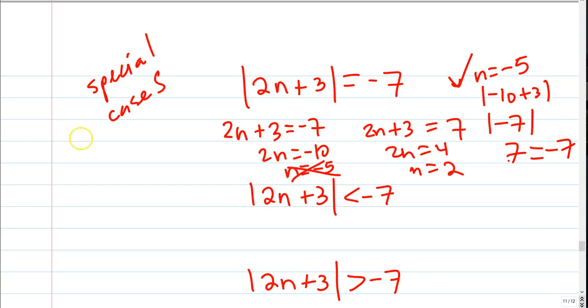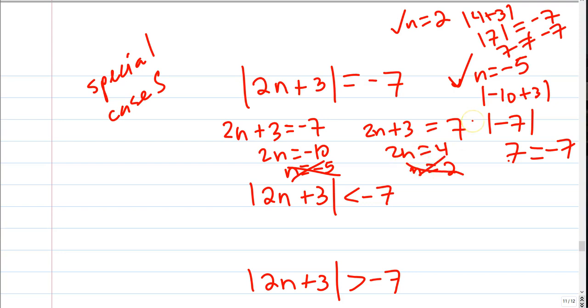Check n equals 2. 2 times 2 is 4. 4 plus 3. 7 is the absolute value of 7 equal to negative 7. 7 does not equal negative 7. Neither of these answers worked. This technically has no solution.